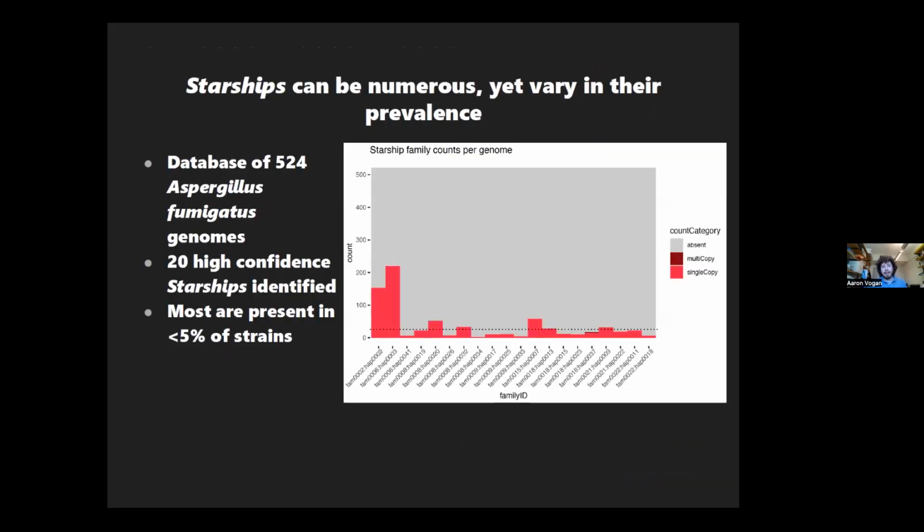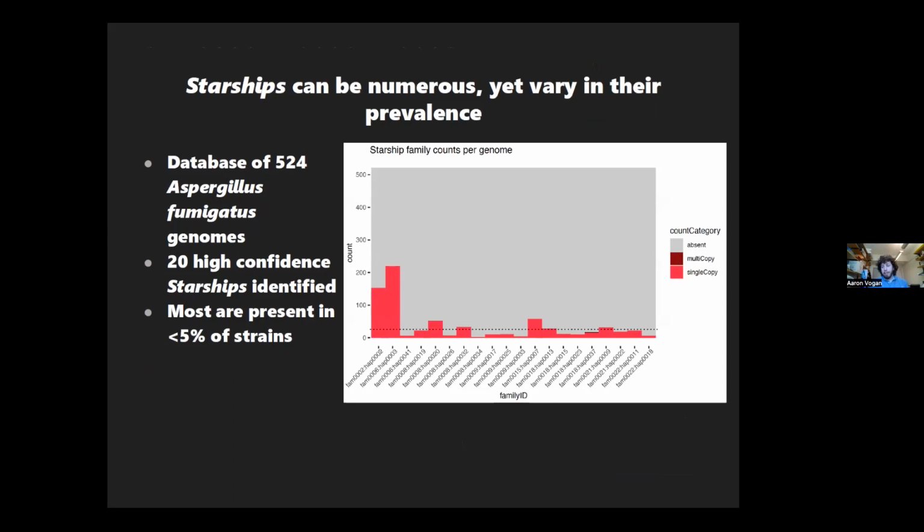One of the databases that we're using as proving grounds is this collection of 524 Aspergillus fumigatus genomes. This is an important fungus. It causes a lot of human disease, so there are a lot of genomic resources for it, and people are also very interested in it. Some of these are long read, I think 11 of them, and the rest are all short reads.